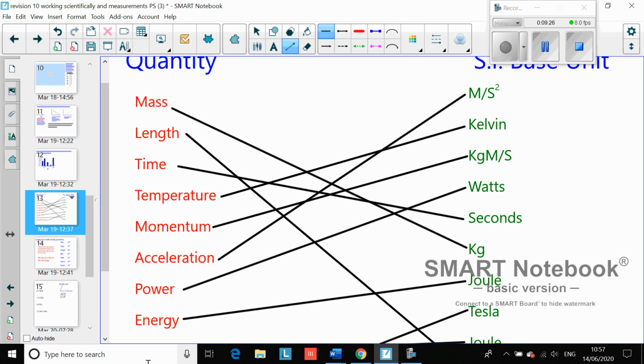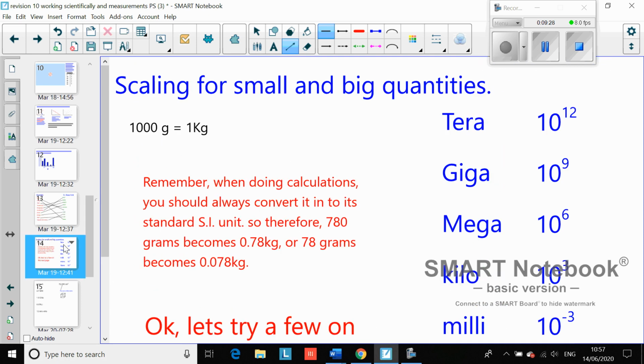So if I talk about 10 kilometers, what am I saying in meters? Well, it's 10,000 meters. Now, it should always be in its standard unit when you're doing it in an exam. Okay, so if you had a car travels 10 kilometers, your brain instantly needs to think, right, I've got to put that in meters. So that's 10,000 meters.